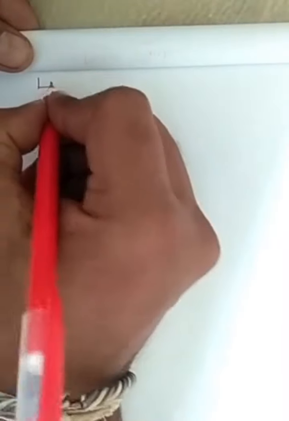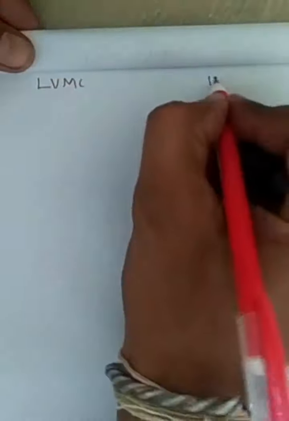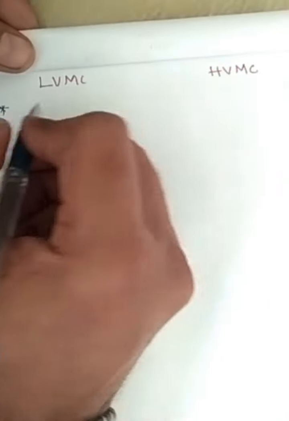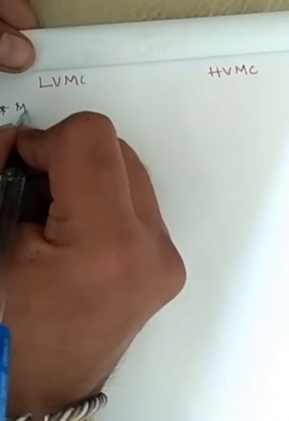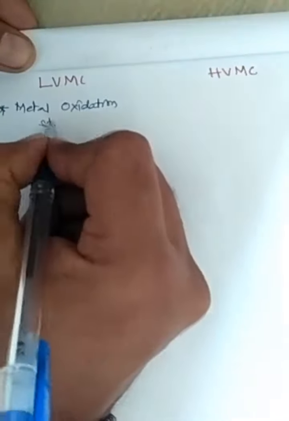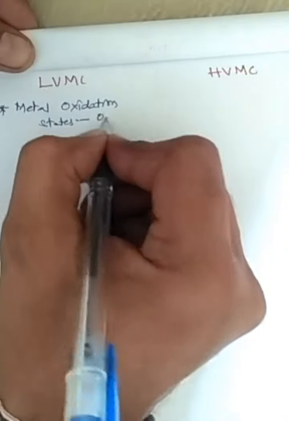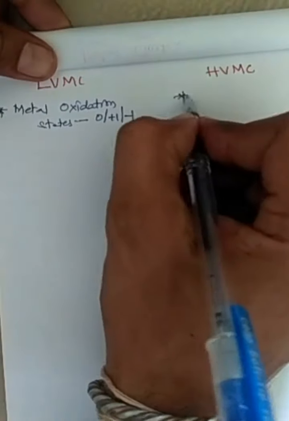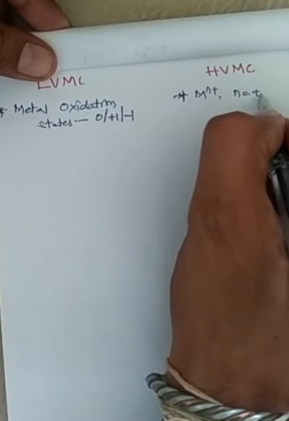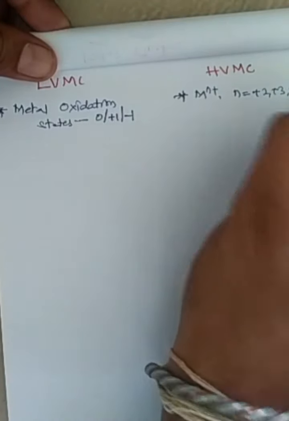Low valency metal clusters will have metal oxidation states of 0, +1 or -1, right? High valency metal clusters have metal ions with oxidation states from +2, +3, +4 and so on, right?